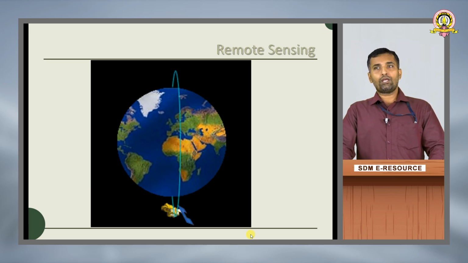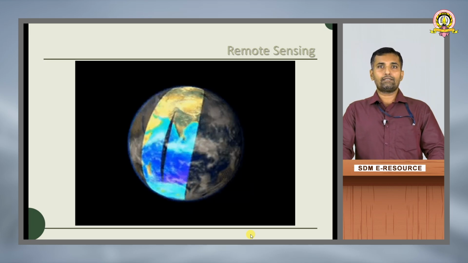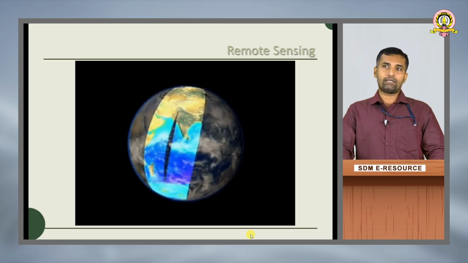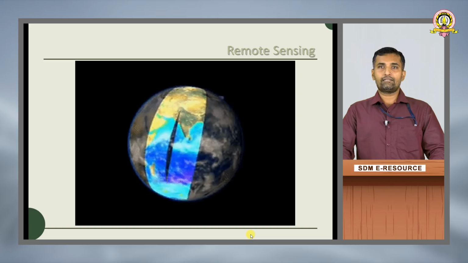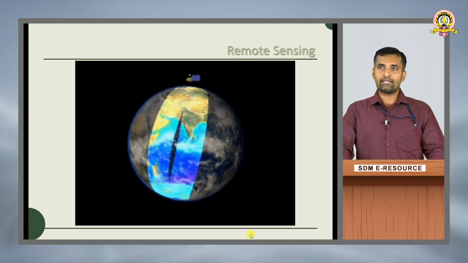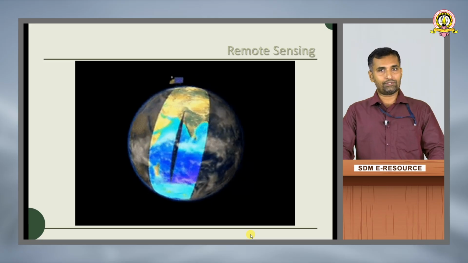Then how does a sensor mounted in the polar orbiting satellites collect information about the Earth? We can see that the sensor mounted in the remote sensing satellite scans the Earth surface features as shown in the slide.